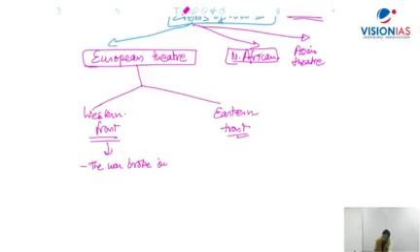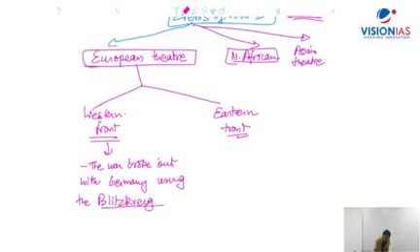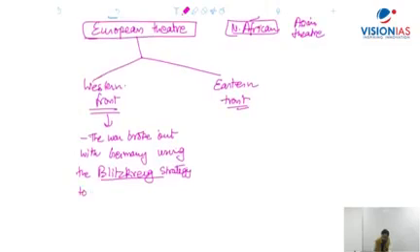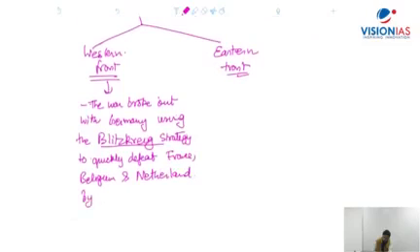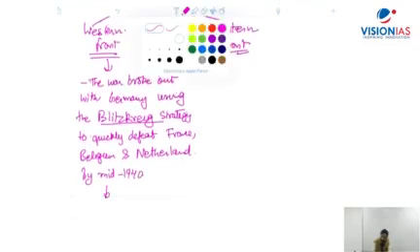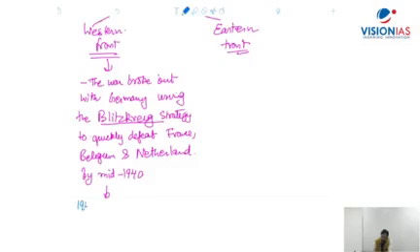The war broke out with Germany using the Blitzkrieg strategy to quickly defeat France, Belgium, and the Netherlands by mid 1940.